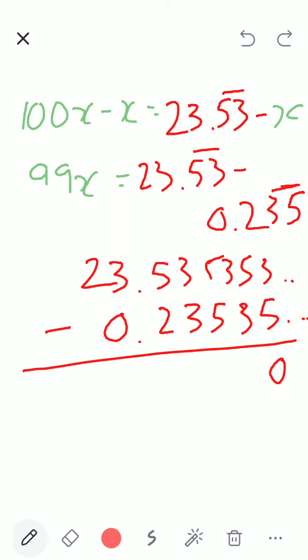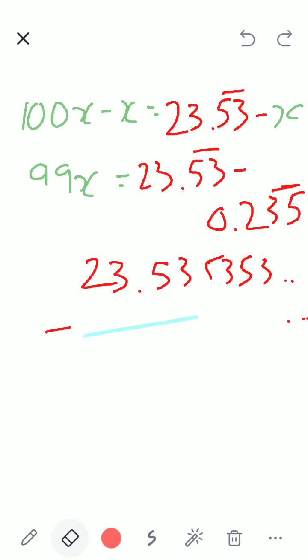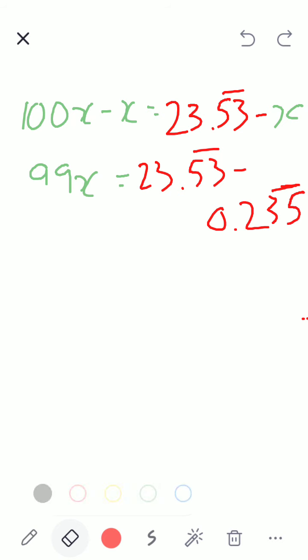Correct? So this will become 0, 0, 0, 0. So what did I get? 23.3. So 99x equal to 23.3. Sorry, in red I have to write that, because in all decimal forms I am writing in red. Correct, no?